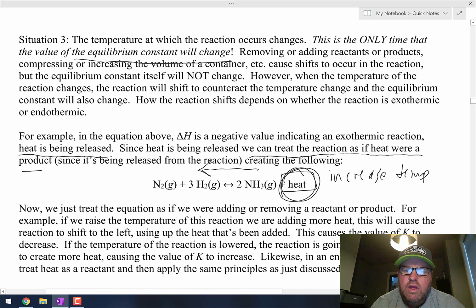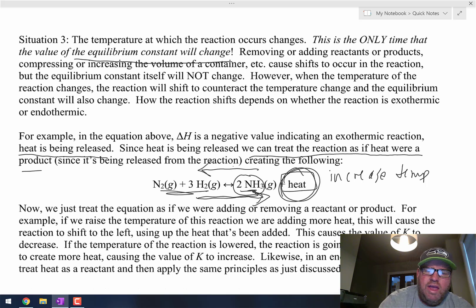If you lower the temperature, you've removed some heat from the reaction, so the reaction is going to shift to the right to make more of it. And the reason that affects the equilibrium constant is because when it shifts to the right, this value gets bigger, these values get smaller, and that, of course, is going to change the equilibrium constant value.